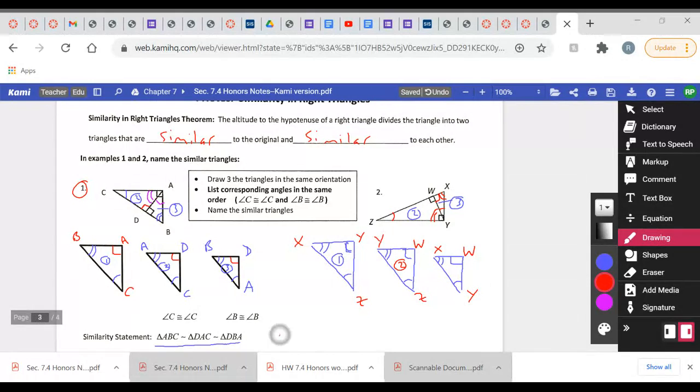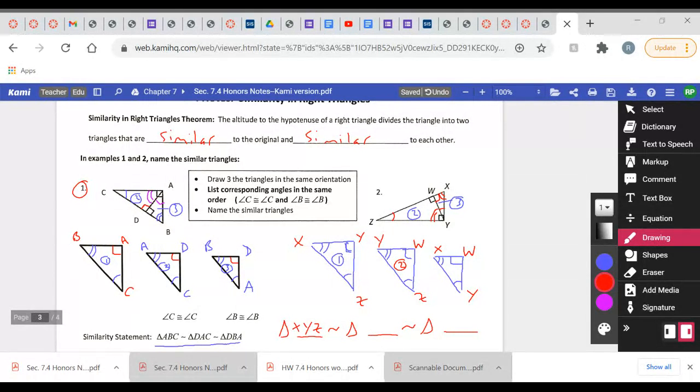So now if we do these similar triangles, okay, we can see that if I say X, Y, Z, it doesn't really matter how I name the first one, but it'll matter how I name the second ones. X, Y, Z is 2 mark, 90, 1 mark.